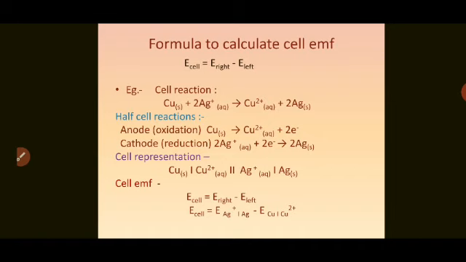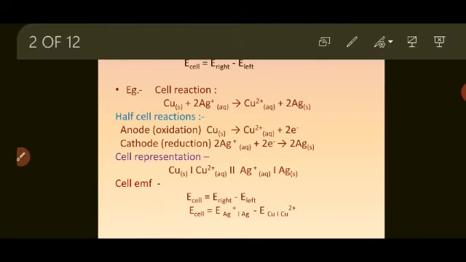From this reaction you can observe that copper solid becomes copper 2 plus, that is, loss of electrons takes place. So this reaction is an oxidation reaction. The next reaction, Ag plus gives Ag, is a reduction reaction.